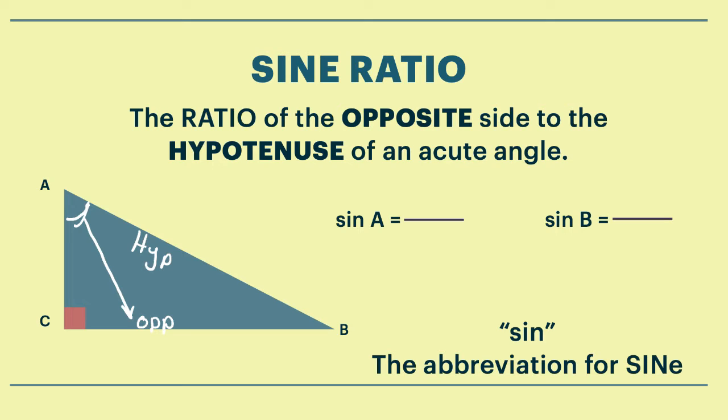So for sine A, we'd say side CB over hypotenuse AB. And then when we do sine of B, we'd look at angle B, but now the opposite side is AC, and our hypotenuse would still be AB. It did not change.